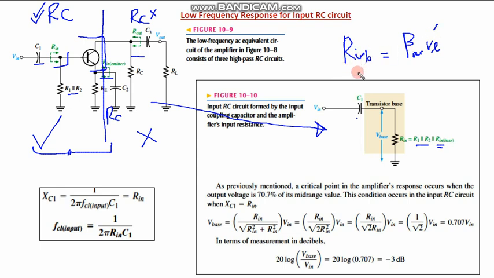So this is the equivalent resistance of the amplifier, and then another resistance which is R1 parallel to R2, at the base. So I would have a resultant resistance which is a parallel combination of these three resistances, and C1 is as it is. So this whole is an effective RC circuit.